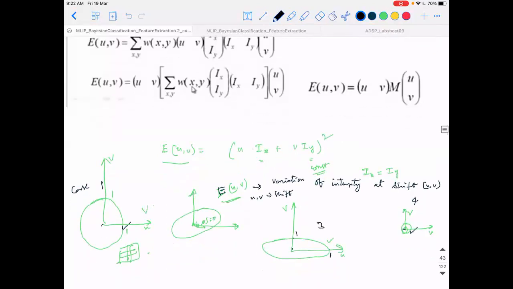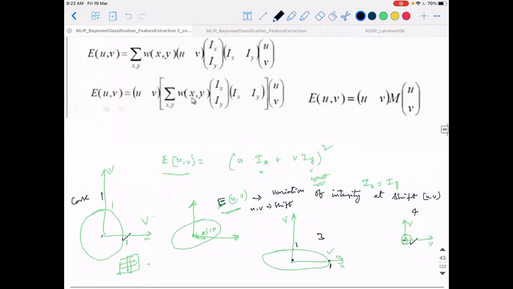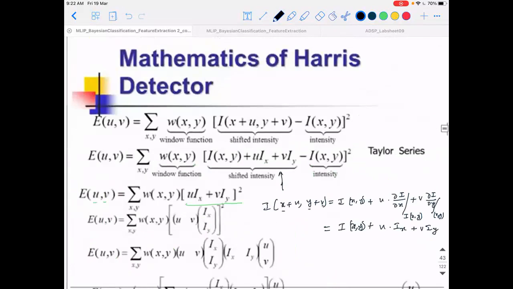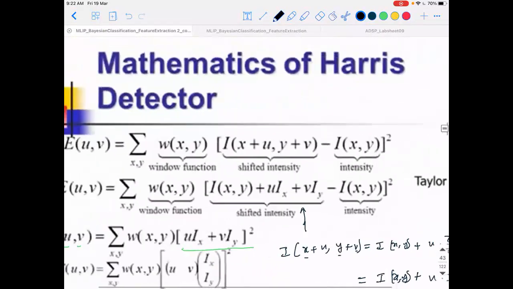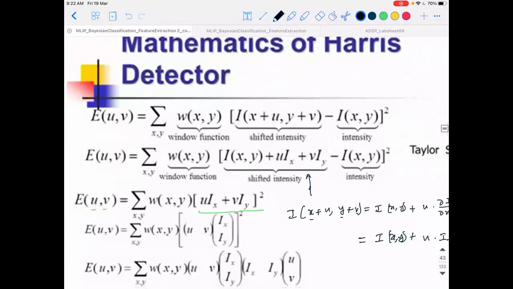See, in the u direction, there is high variability. That means what's happening is, I'm putting equal values of u comma v. In the sense that the range for u comma v is fixed.